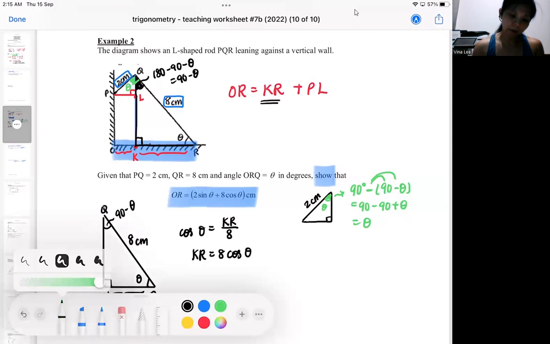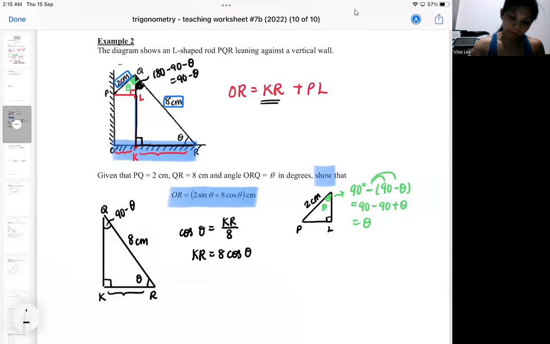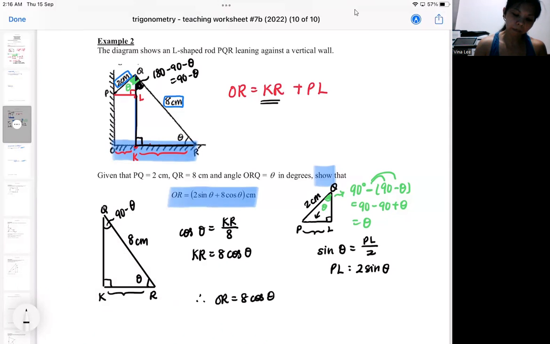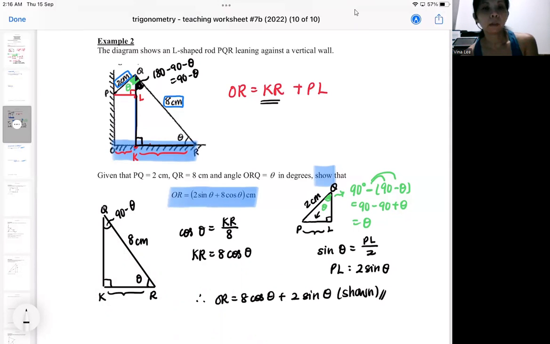And from this part, we can get the PL that we wanted. PL will be opposite, so sine theta will be PL over 2. So from here, my OR will be 8 cosine theta plus 2 sine theta. So that is the showing.